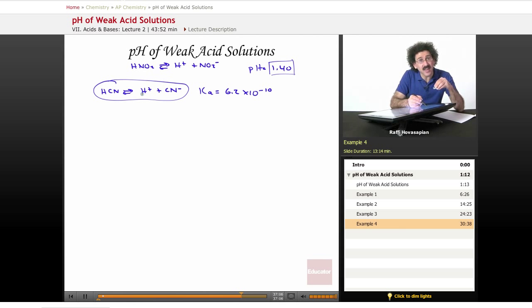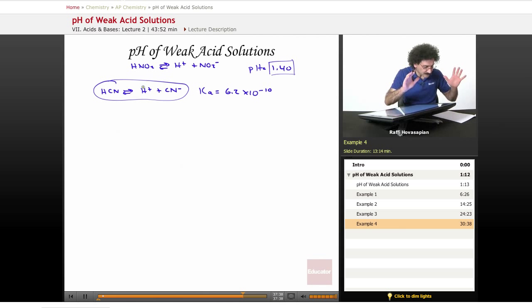In this case, the primary source of the hydrogen ion is the nitrous acid. It is the dominant species in the water. It's the one that's going to give up its hydrogen ion, suppress the others. So at equilibrium, there is a certain concentration of hydrogen ion, and that concentration of hydrogen ion was the 1.4. pH was 1.4. The 1.4 came from the negative log of the hydrogen ion concentration.